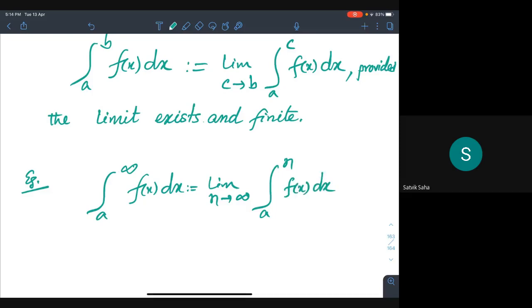All right. So provided, of course, the limit exists and is finite.